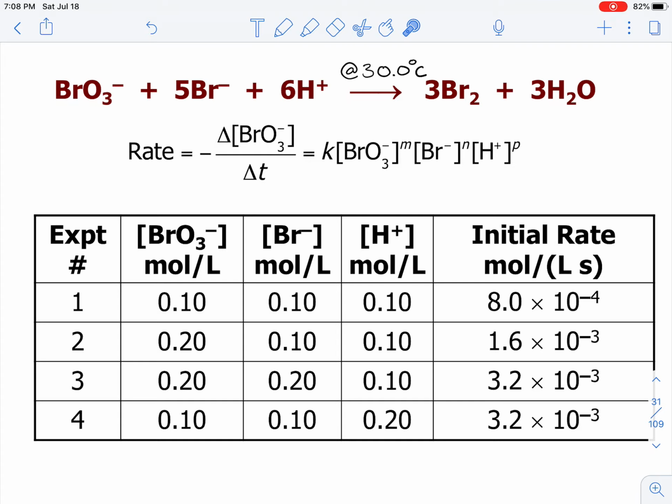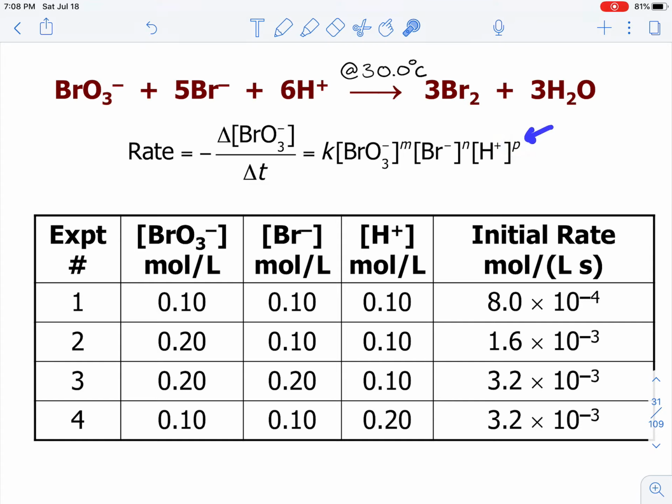What we're going to do is write the general rate law for this chemical reaction that's being run at 30 degrees Celsius. The rate of the reaction is equal to, and we'll skip this part for now, so just ignore this, the rate constant K times the concentration of bromate raised to the m power, the concentration of bromide ion raised to the n power, and the concentration of hydrogen ion raised to the p power.